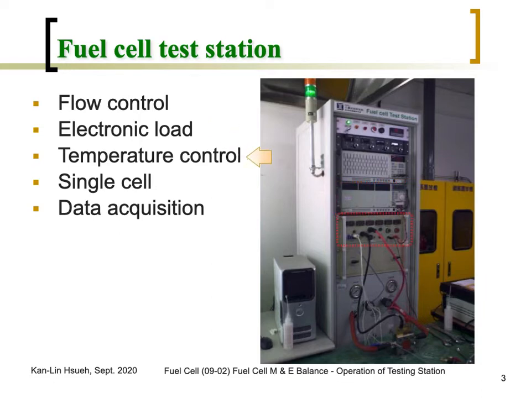The temperature control controls the temperature of different components, such as the inlet air and inlet hydrogen. And even if you have a direct methanol fuel cell, you control the effluent and the flow of the methanol, or those kinds of things, in the temperature control of different components.